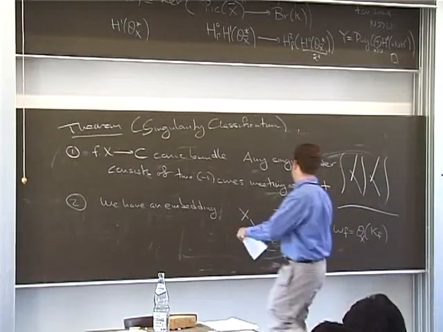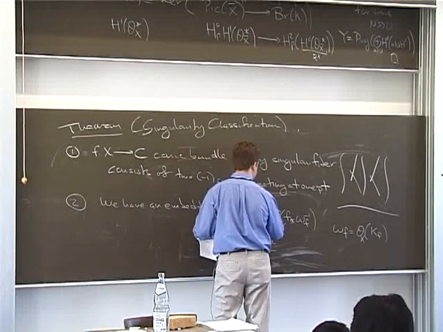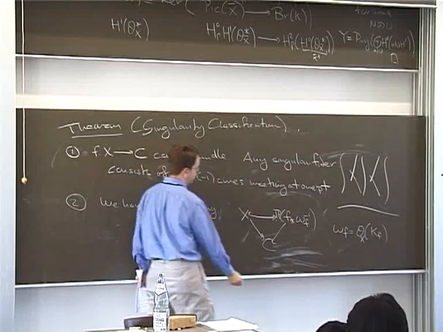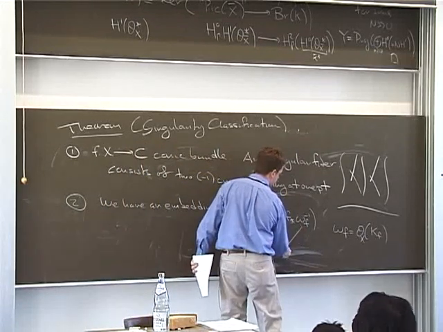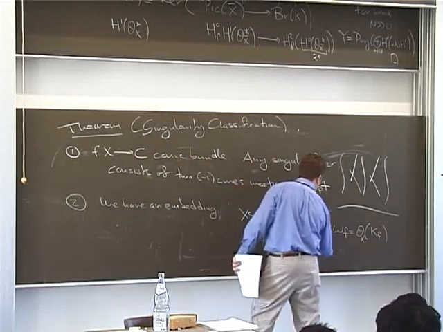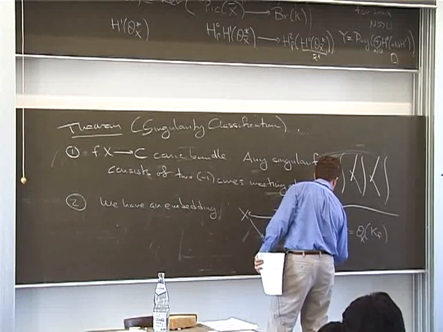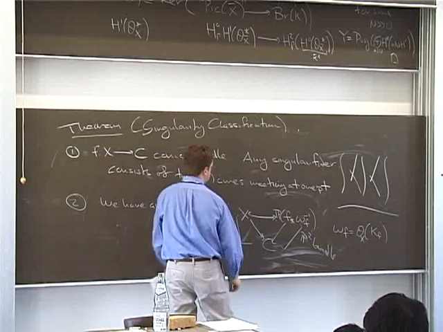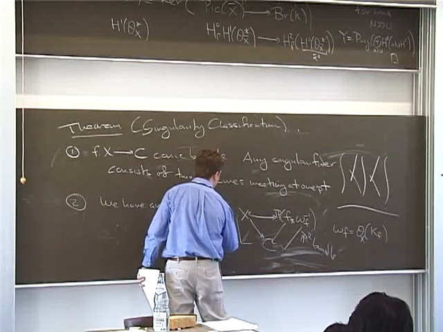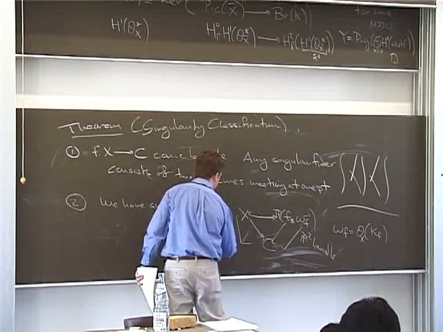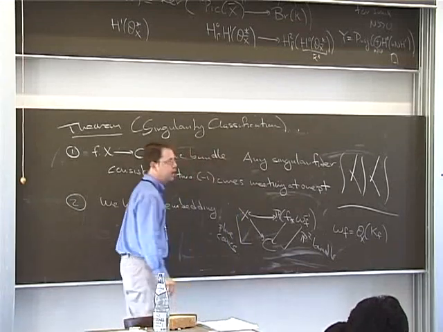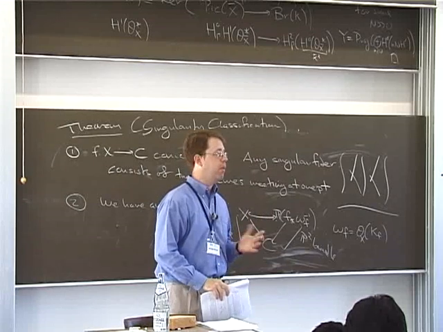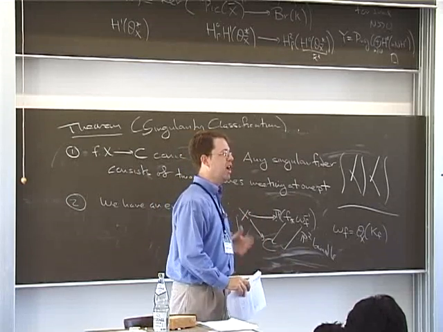I have an embedding from X into here over C. This is a P2 bundle, and here the fibers are realized point by point as plane conics. So this is, I think, the full justification for why conic bundles are called that.